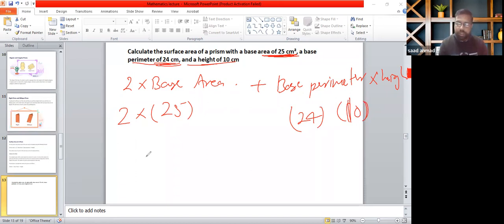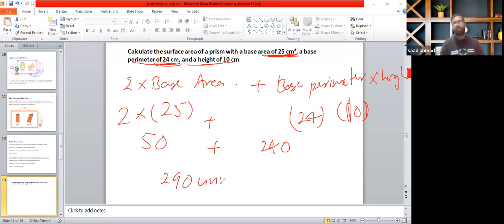So it will be 50 plus 240, so that will be 290 unit squared, because it's the area, so area will be in the unit squares. So that's how. We didn't know what kind of prism it was, what its base was, because we already know the area for it, so we didn't have to find the area for the base.